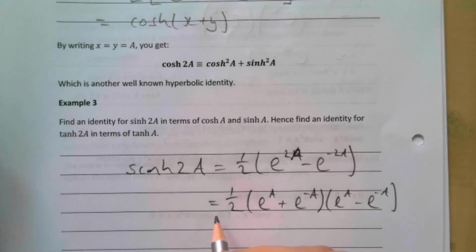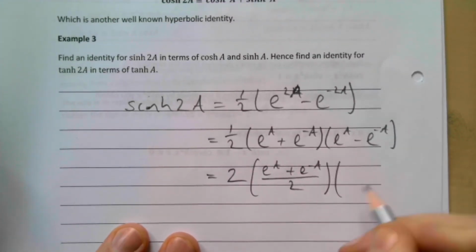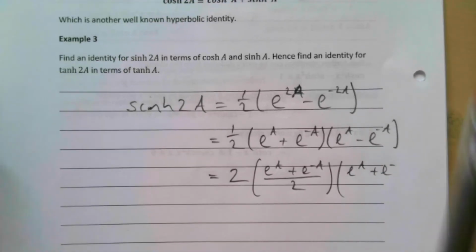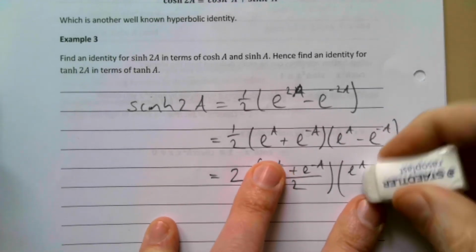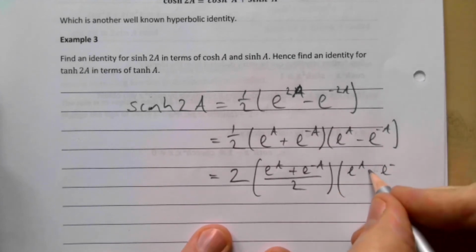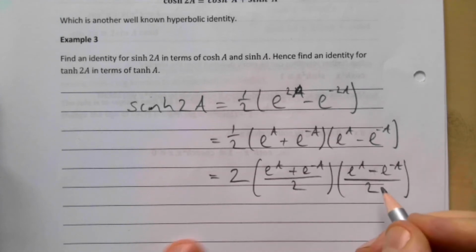If I take this out, I can give it a 2 here and then bring a couple of halves in: e to the a plus e to the minus a all over 2, times e to the a minus e to the minus a, and then that's all over 2.